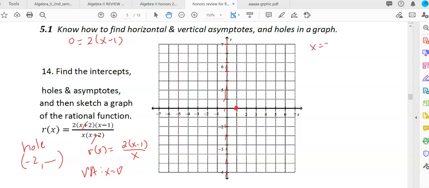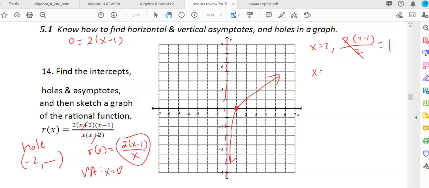So if x equals 2, the y value, if I plug into this guy, would be 2 times 2 minus 1 over 2. So that's 2 minus 1, which is 1. So 2, 1 is right there, so it does look like this graph is kind of doing something roughly like that. I'm not sure exactly what it looks like. This one's weird up here, so I'm not sure if it's in one of the quadrants.